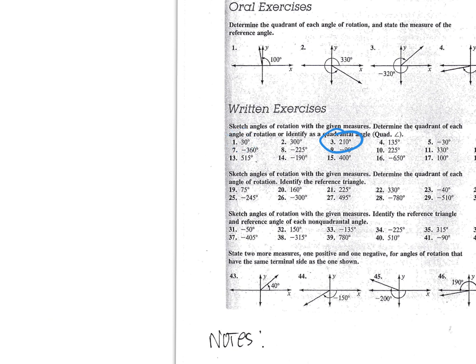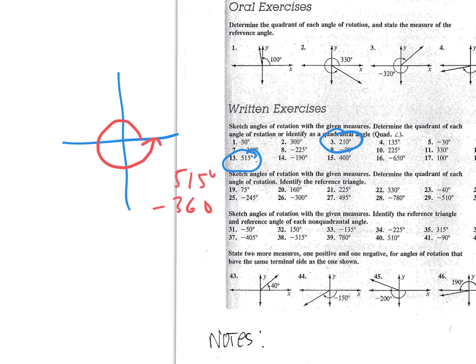Suppose I've got to go around more than 180 degrees or more than 360 degrees. I'm going to start here, and there's 360 degrees. Then we say, what's 515 minus 360? I'll do a little arithmetic and hopefully I can do this correctly.